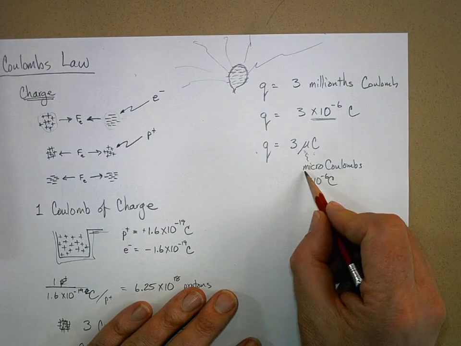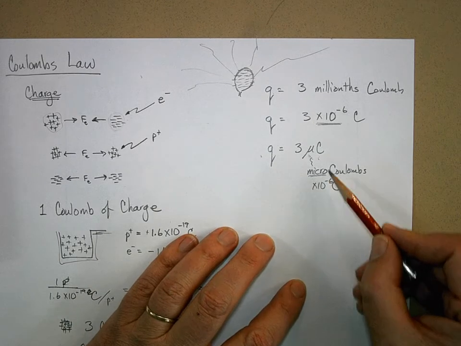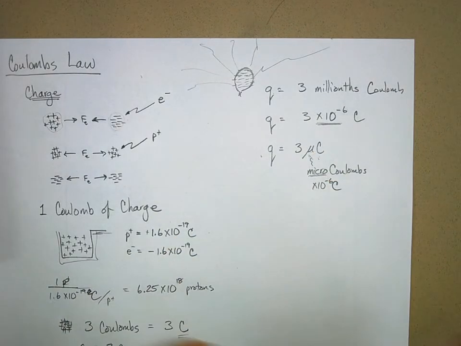The word micro in science means times 10 to the negative 6. Micrometers. Micro, and they abbreviate micro with the mu. I don't know why they don't use millionth. They use micro instead of millionth. But micro and millionth is the same thing. That's the language we use in science. Yes, it's kind of annoying, but.